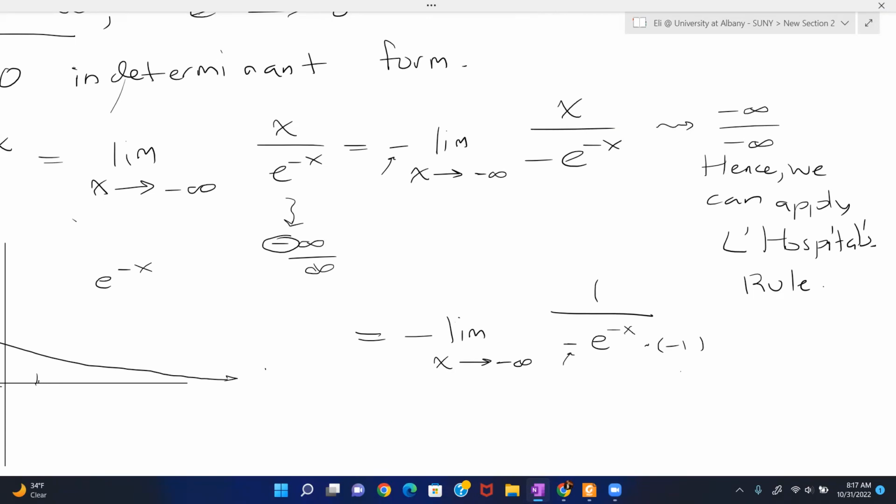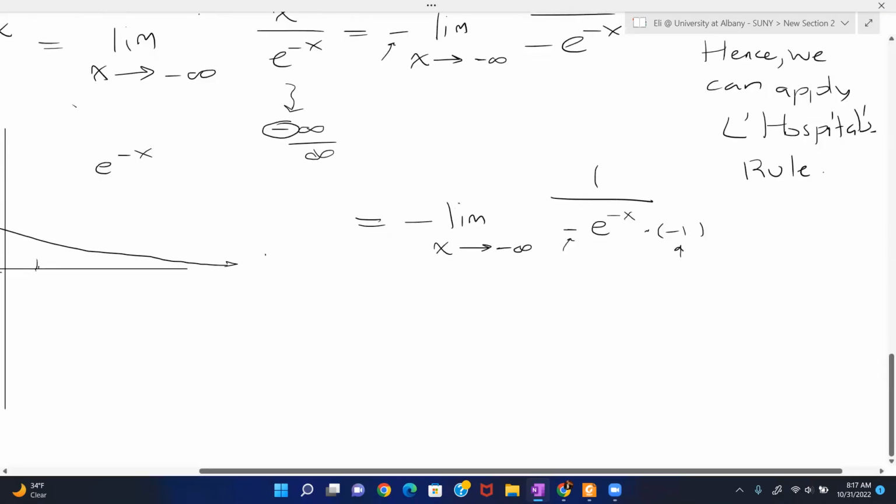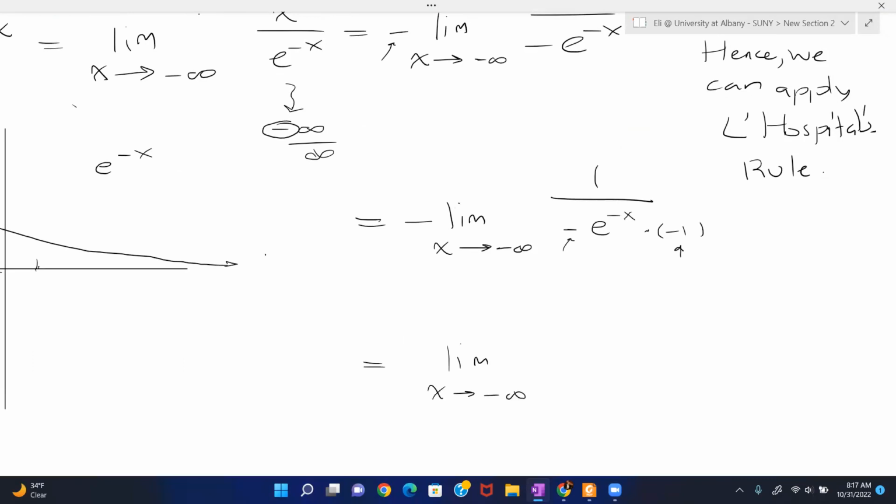So this negative and this negative cancel, and then what we get is the limit as x goes to negative infinity of 1 over e to the negative x.